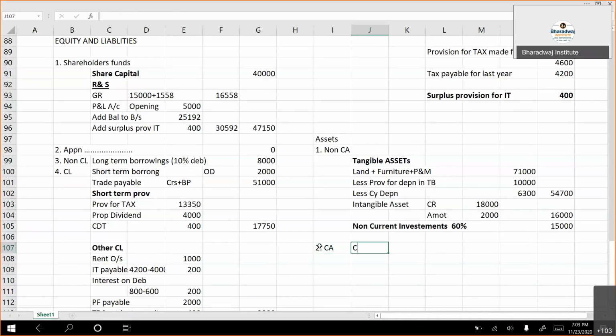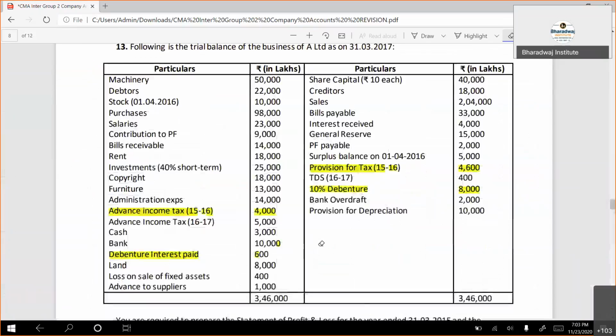Under current assets, current investments. Current investments are 40%, which will be 10,000. Trade receivables: debtors plus bills receivable. What is the debtors balance? 22,000.